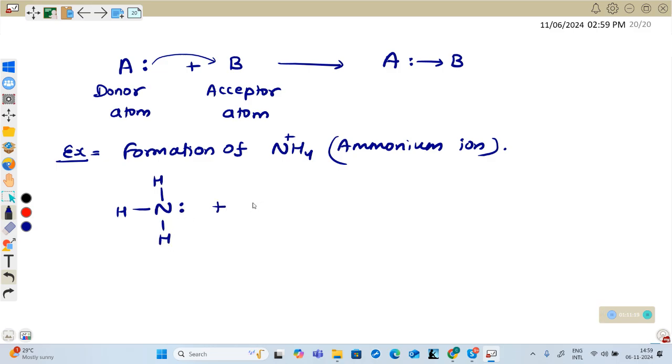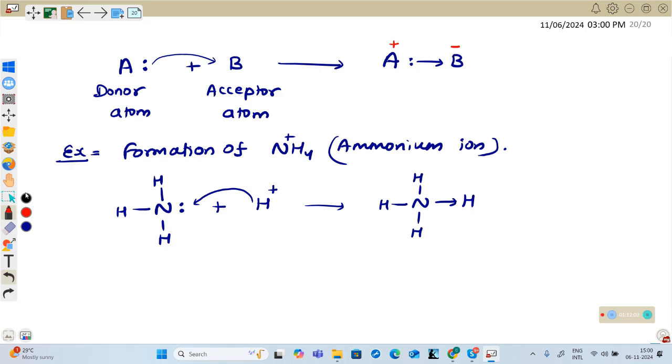When ammonia is passed through water, which has a small quantity of hydrogen ions, the hydrogen ions are attracted towards the lone pair and attack it, and you get ammonium ion. This is shown like this.